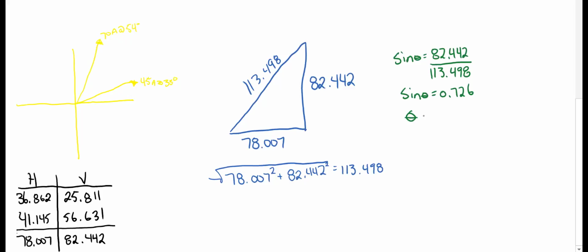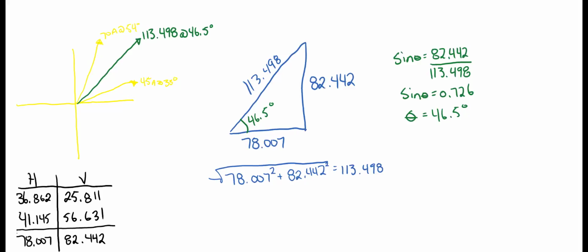So theta would be equal to our angle, 46.5 degrees. So our resulting phasor has a magnitude of 113.498, and it occurs at an angle of 46.5 degrees. And that's question 2A.